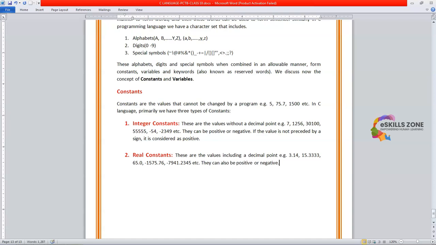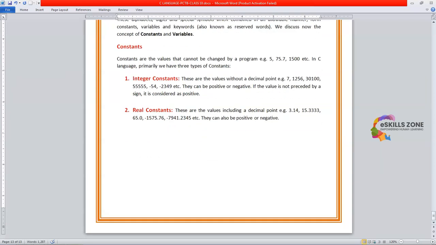Now we'll discuss the last constant type, which is called the character constant.